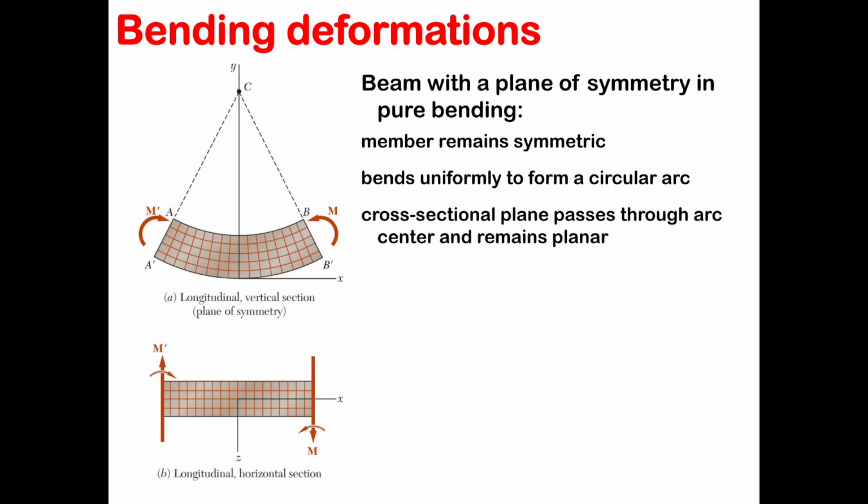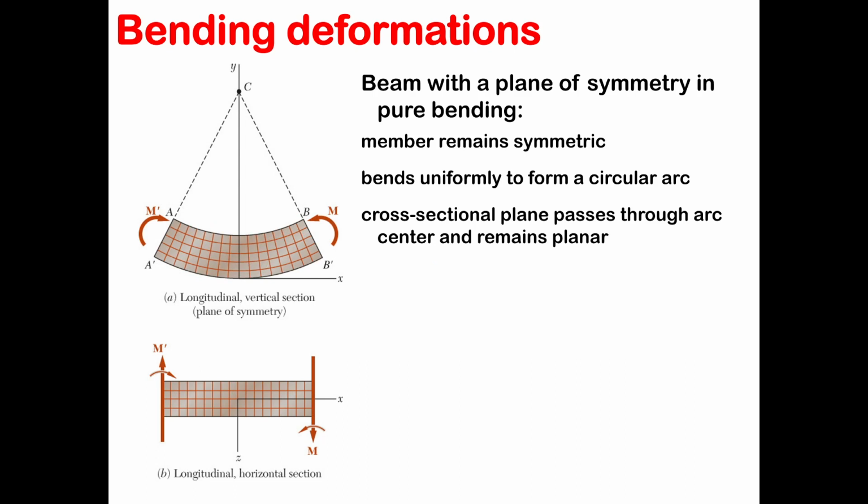The cross-sectional plane passes through the arc center and remains planar. So what does it mean? It means that these plates are always going to be just regular planes, right? They are not going to change shape. That's the assumption.